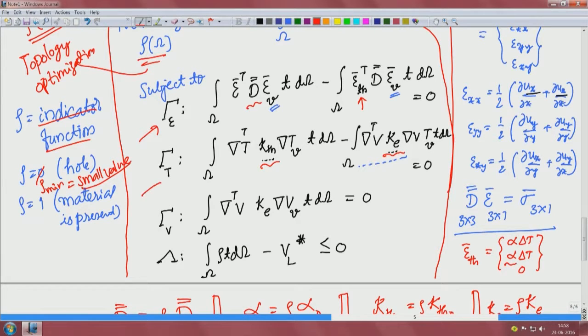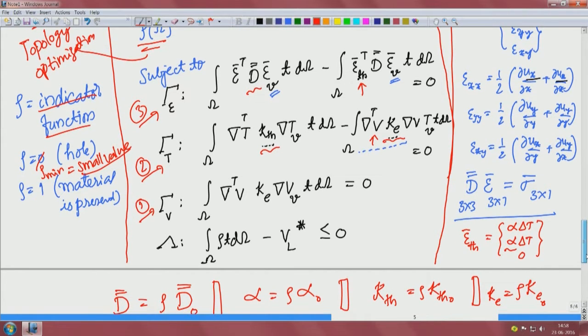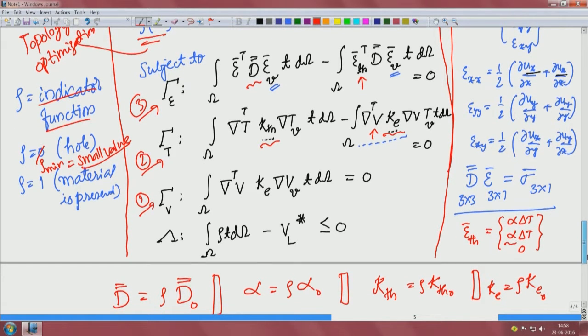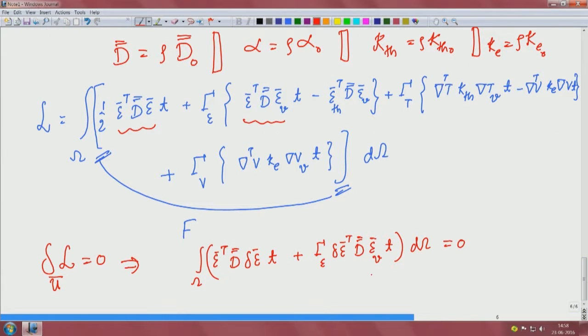Then I go to the temperature problem, I cannot do this because it involves voltage here. So, I have to first do this, then this, then this, that is a sequence. Now, for the adjoint equations it is reverse. You have to do the elastic first, then thermal, then electrical.